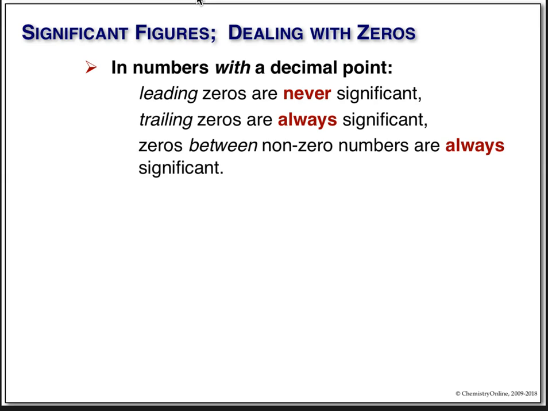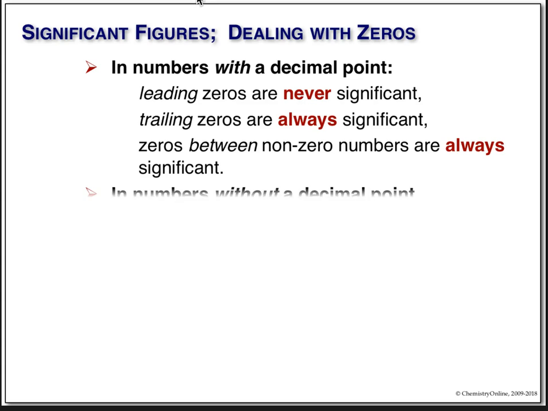If it has a decimal point and there are zeros in front of your number, those are never significant figures. They're never real. If there are zeros afterwards, yes, that is part of the measurement. Zeros in between, of course, are always real.